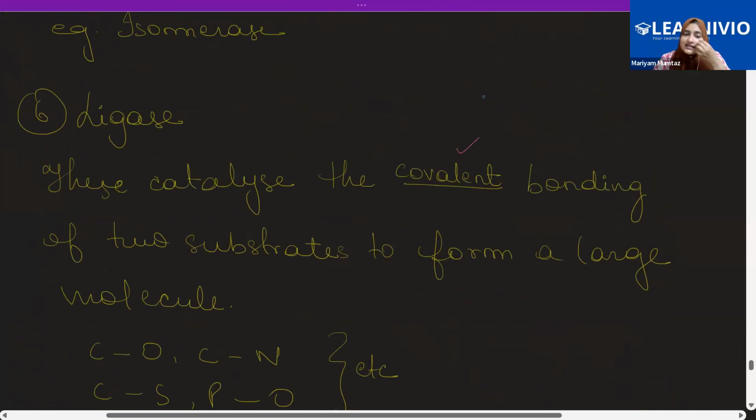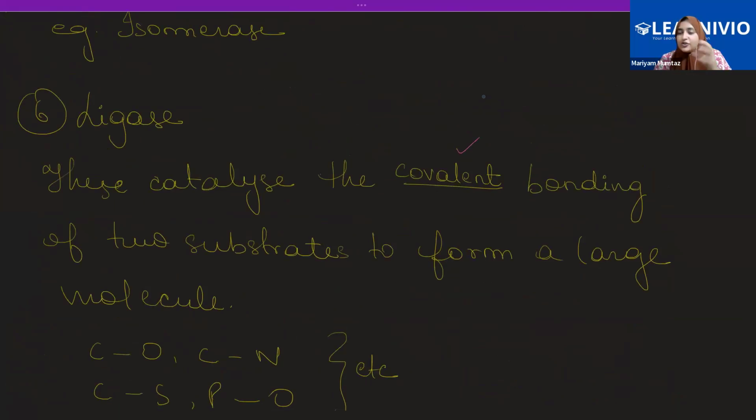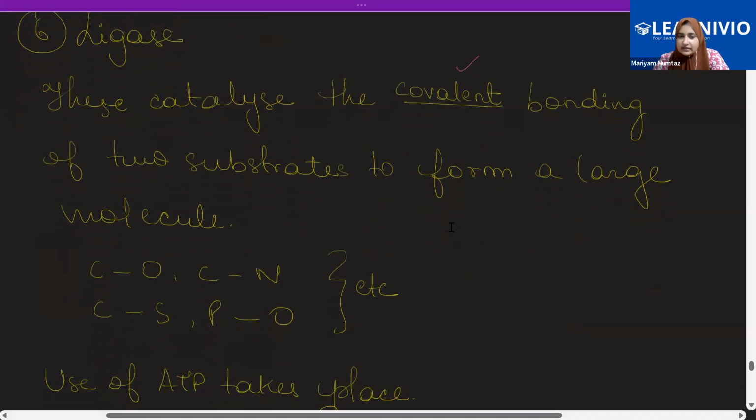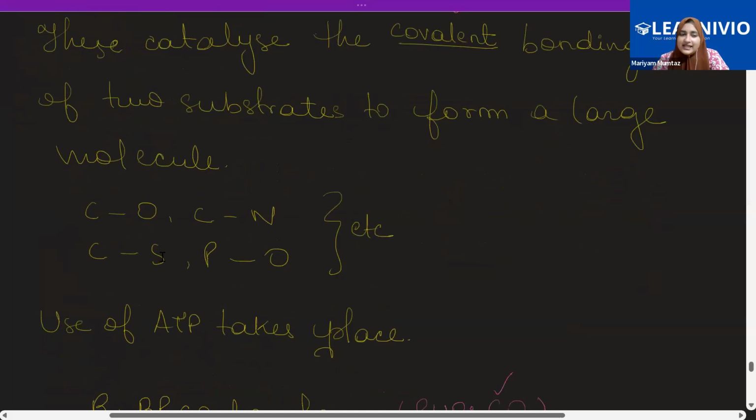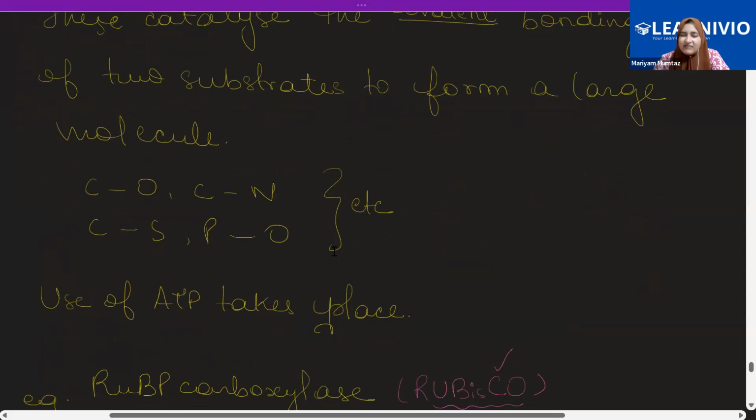This is ligase. Ligase is like a glue. It joins two molecules, two substrates together by forming covalent bonding, meaning sharing of electrons. Bonds like C-O, C-S, C-N are the products of ligation.